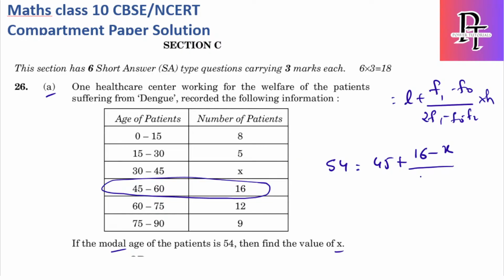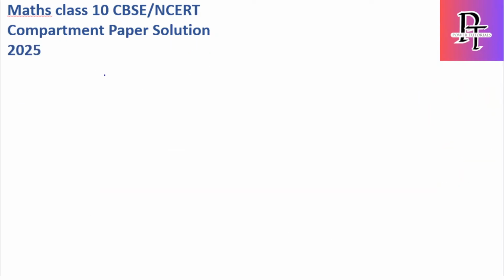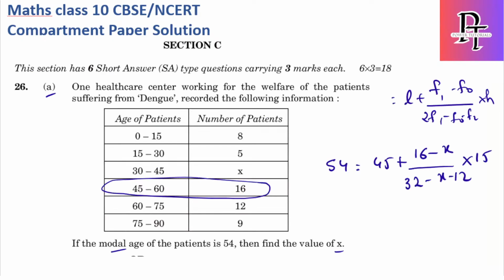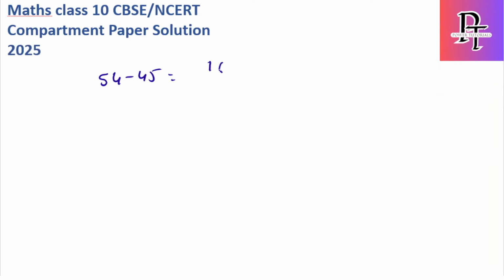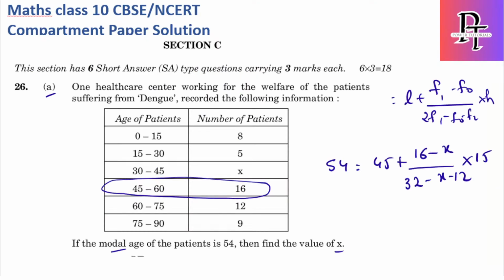So 16 minus x by 2f1, which is 32, minus x minus 12, into h value, which is the difference of the class intervals, 15. I'll write in the next line: 54 minus 45 is equal to 16 minus x by 32 minus 12 is 20, 20 minus x, into h value 15.